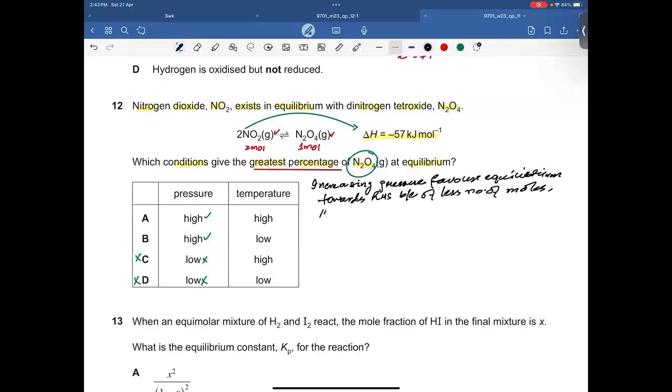Thus, percentage of N2O4 increases. Okay, this is my first statement.